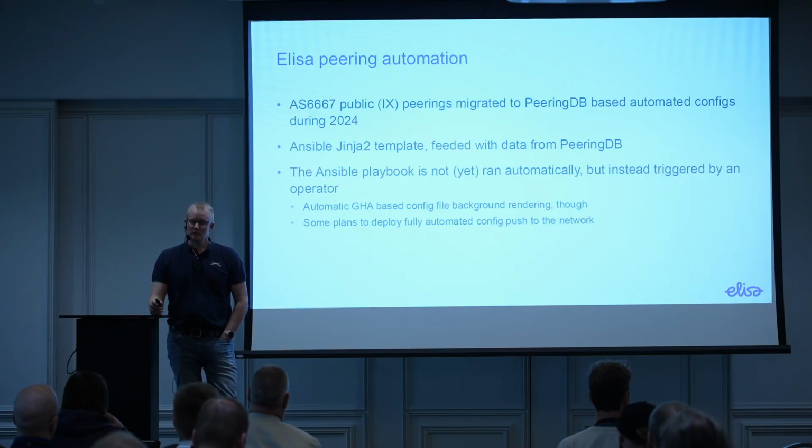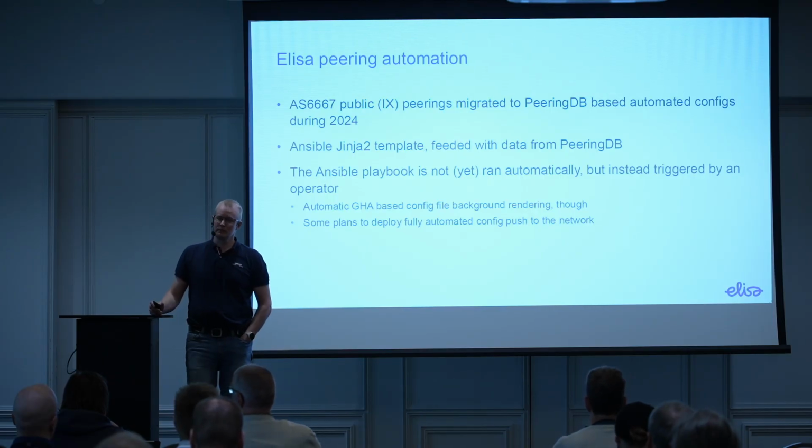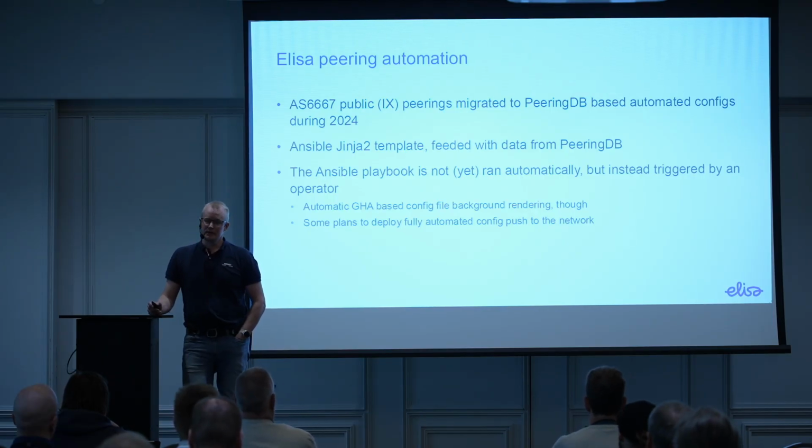The automation tool itself is pretty simple, just an Ansible playbook with a Jinja2 template that is rendered at runtime using PeeringDB as a source of truth. This is not fully automatic, actually, but rather triggered by human intervention.